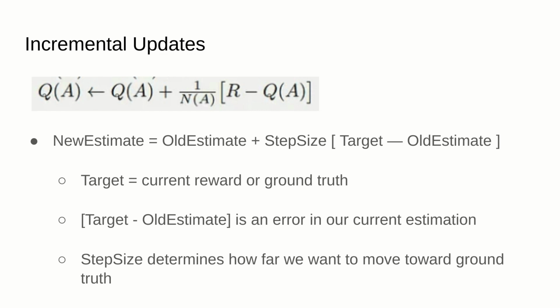That's why we call the reward the target, because we want to aim our estimate towards it. The term target minus old estimate measures how far away our current estimate is from the reward that was just received. So we can think of it as a measure of the error in our current estimate. Finally, the step size determines how much we want to move our current estimate to be closer to the target.